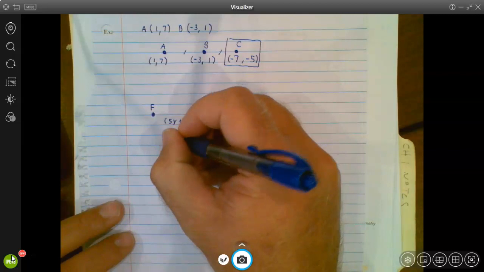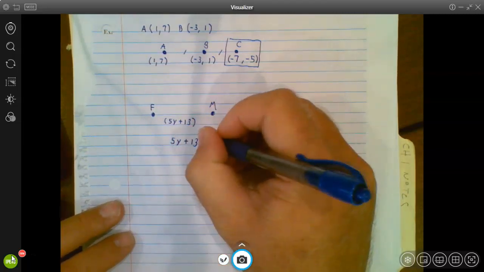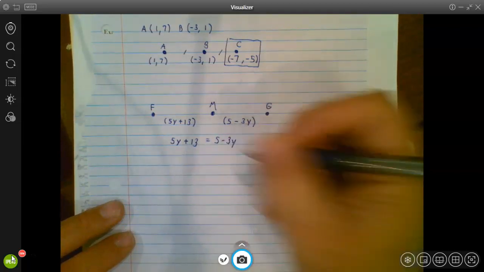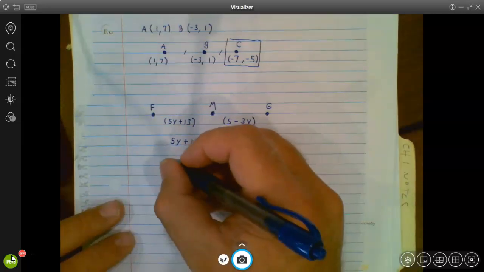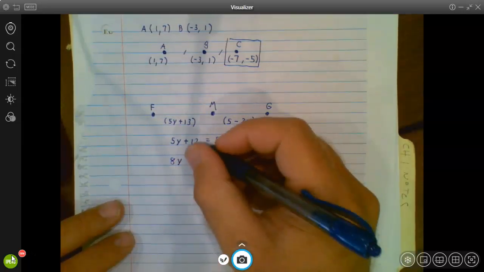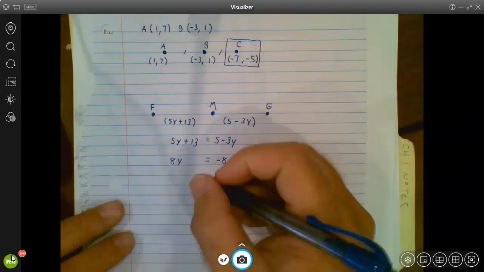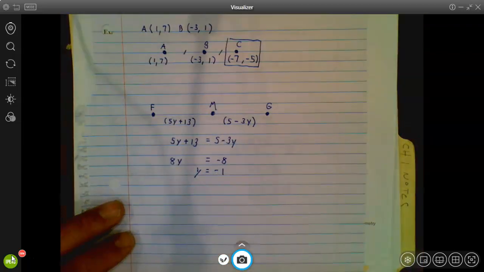So I know that 5y + 13 must be equal to 5 - 3y. So if I solve that equation, I'm going to add my 3y over. I'm going to subtract the 13. And if I divide, I figure out that y is -1.